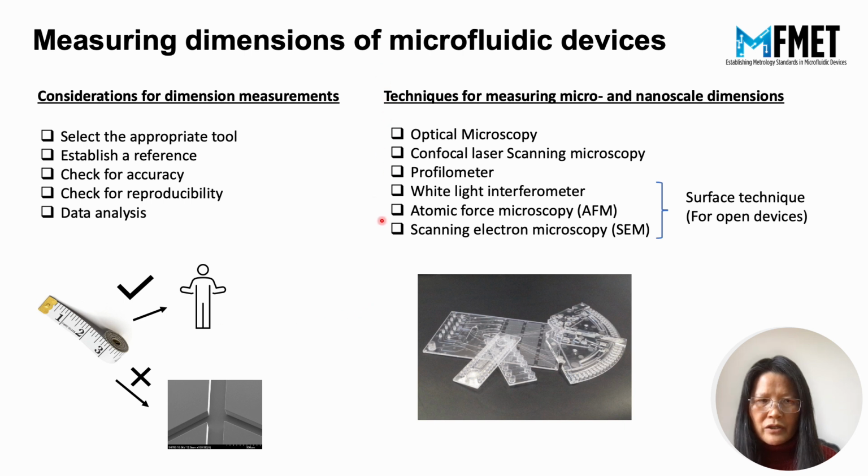Among a range of well-established methods for measuring dimensions, optical microscopic technologies have particular advantage for measuring enclosed microfluidic devices, as they don't require physical contact with the surface. This seminar will elaborate some of these technologies using transfer standard chips as examples.